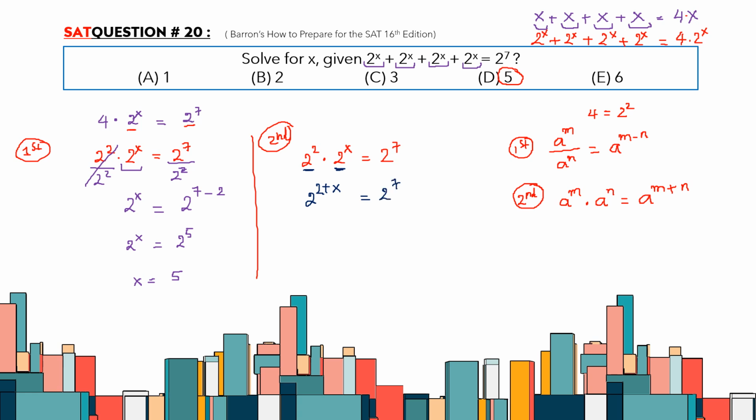Now you see that we have the same base of 2. The power should be the same, right? So 2 plus x equals 7. Now we solve for x. So we subtract both sides by 2. Then we have x equals 5. This one cancels. So anyway, with any method, we will have the same answer.